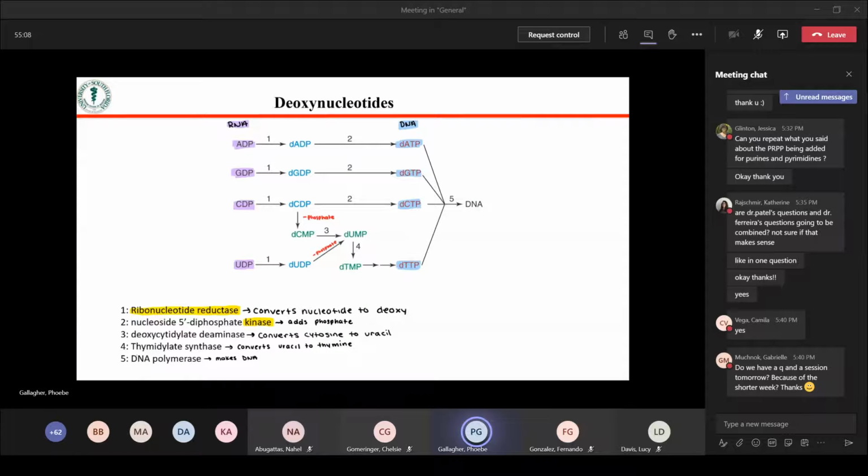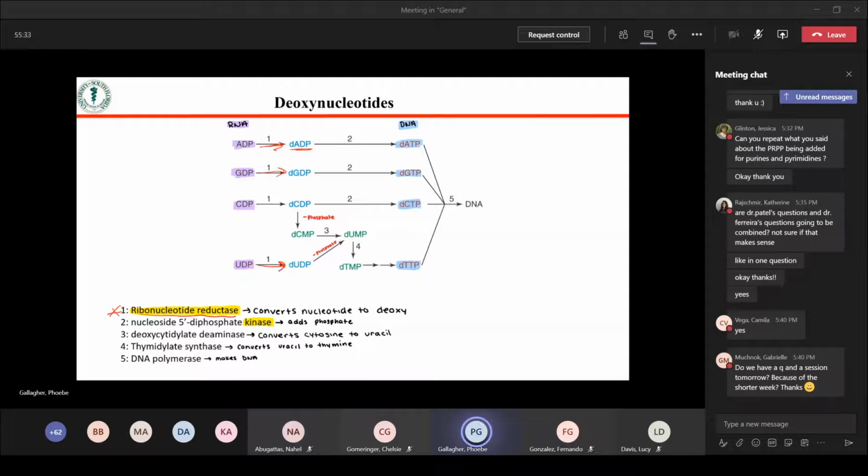Okay, so this is a lot of information, but a lot of these enzymes, like this one in particular, we've seen before. So we know that ribonucleotide reductase is the one that works with the two redox enzymes to go from an RNA nucleotide to a DNA or deoxynucleotide. So that would be your first step, making it a deoxy.